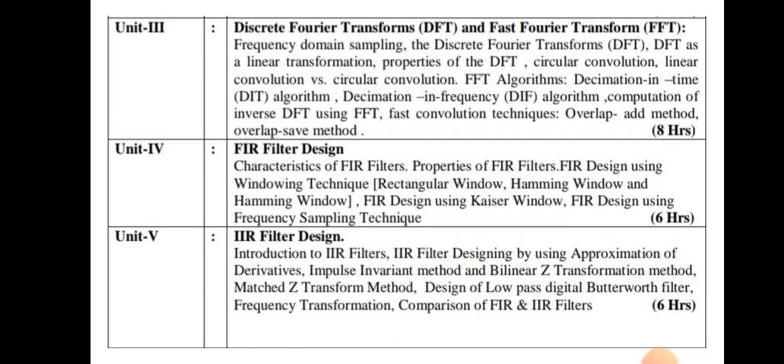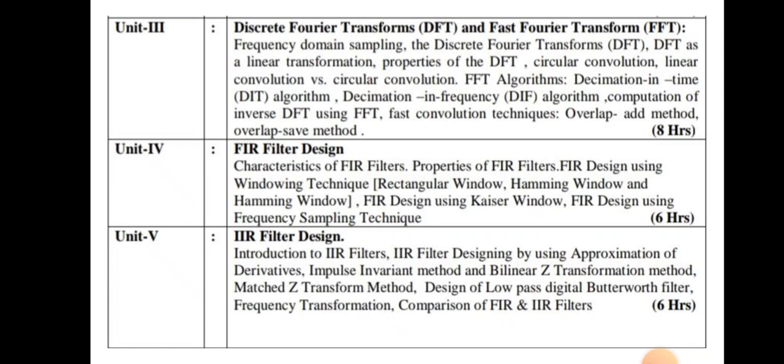Means we have to study both linear as well as circular convolution, and we have to comparatively study these two types of convolution. Then we have to study FFT algorithms, decimation in time, DIT algorithm, decimation in frequency, DIF algorithm, computation of inverse DFT using FFT. Then fast convolution techniques, overlap add method, overlap save method. So all these points we will cover in third unit, which will require around 8 hours.